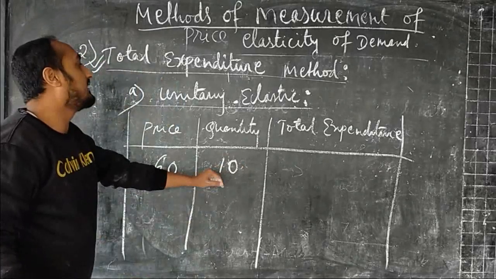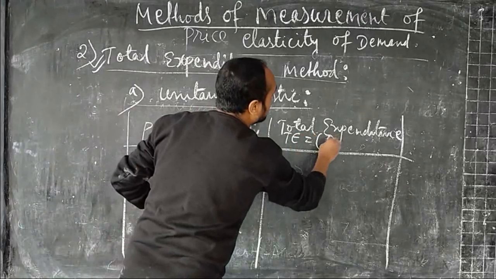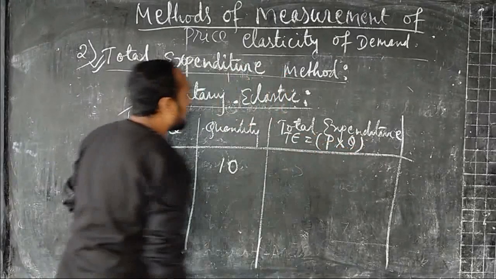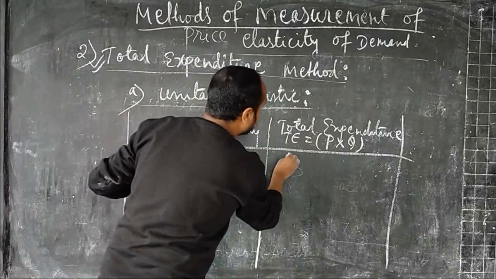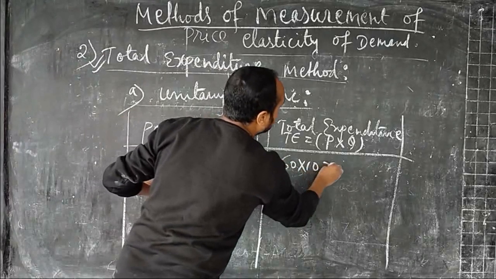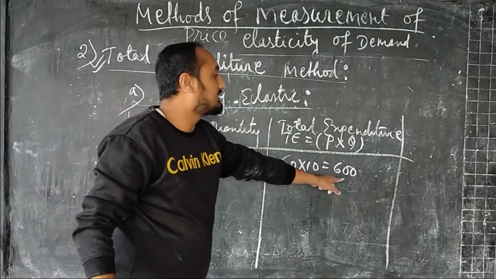Total expenditure, TE, equals price into quantity. So 60 into 10 equals 600. Here the total expenditure is 600.